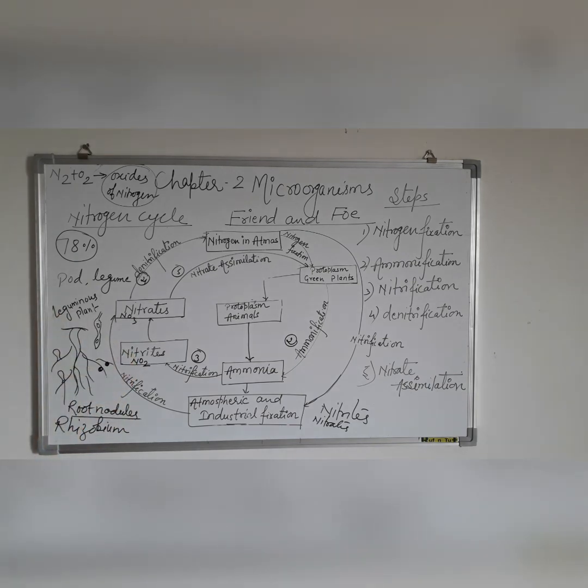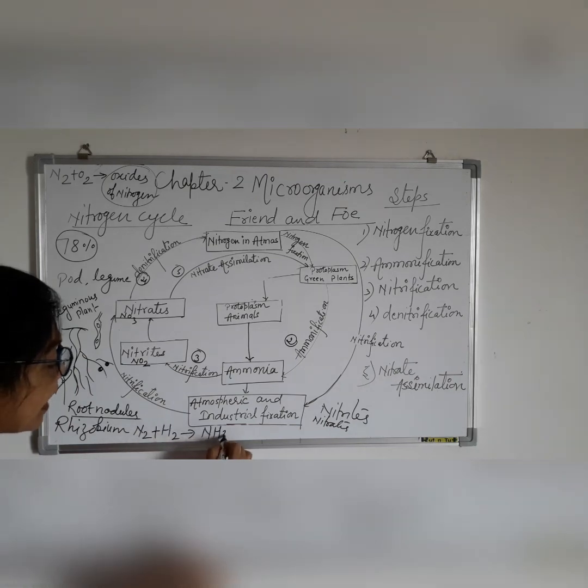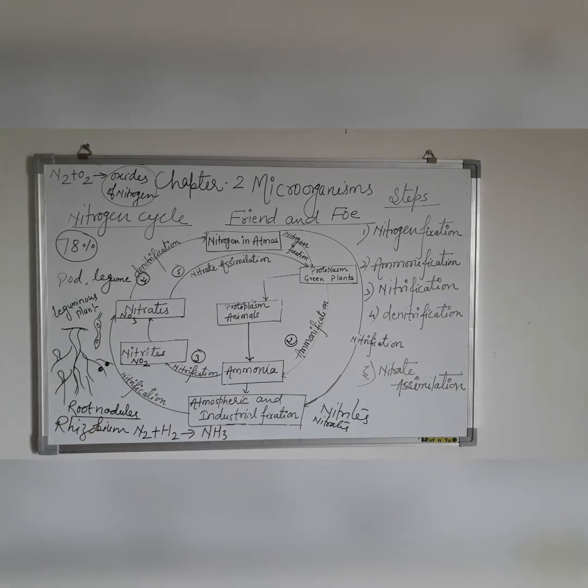Now, the third is industrial fixation of nitrogen. What happens in the industry? Nitrogen is made to combine with hydrogen. In industrial fixation, nitrogen combines with hydrogen to form ammonia, that is NH3.